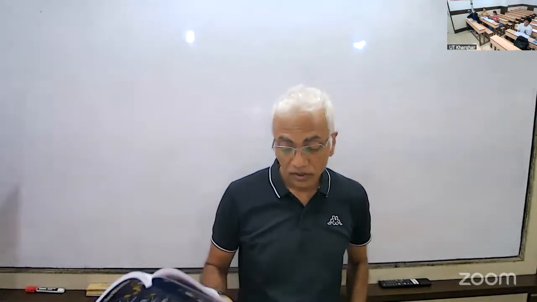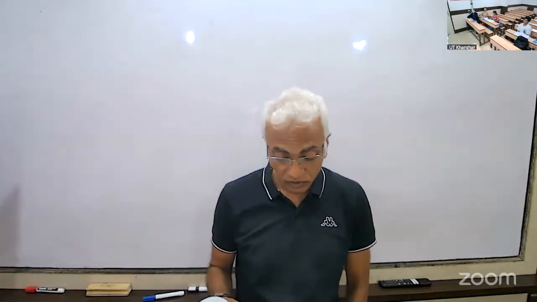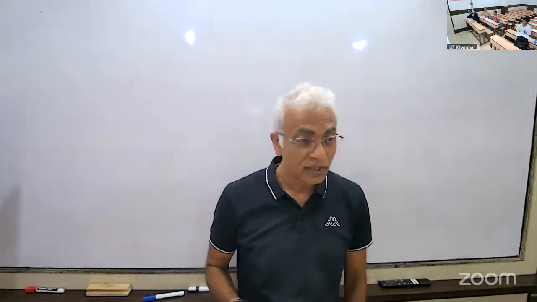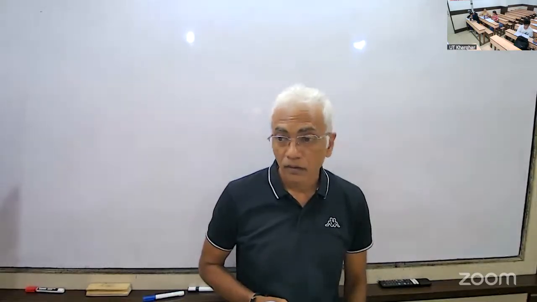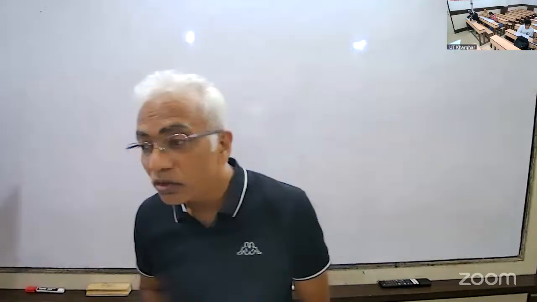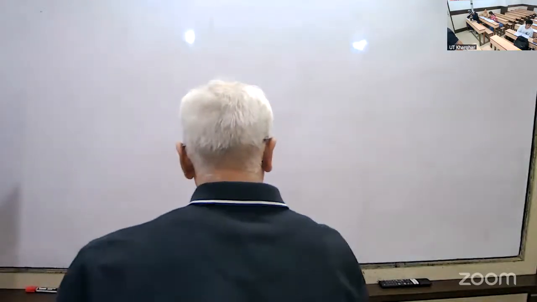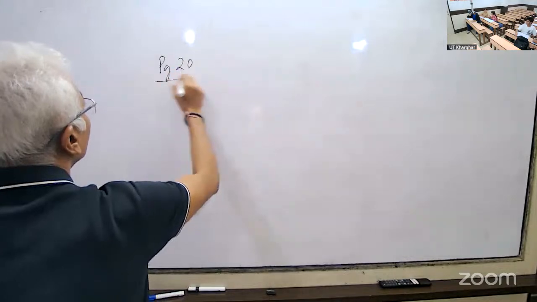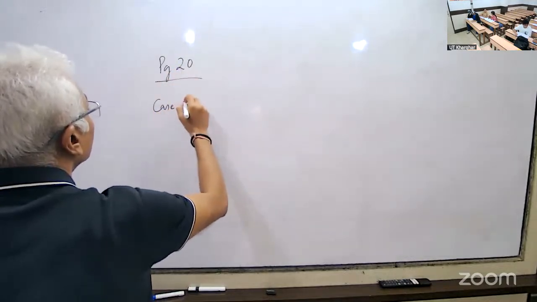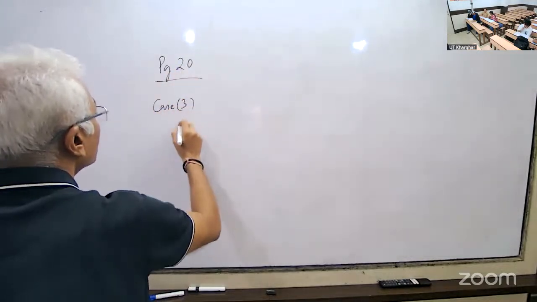So the question is, what is the nature of motion in the first 6 seconds? See the graph, page number 20. In case 3, what is the graph like?